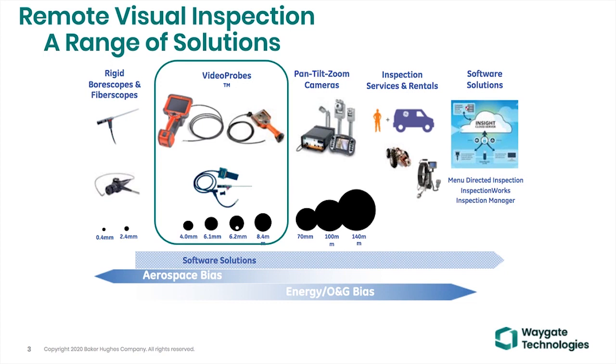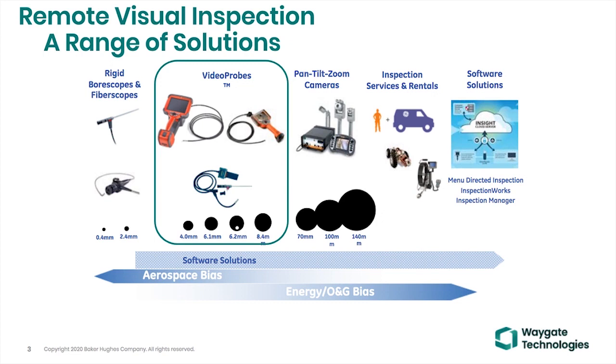But we also have tools that you can, say, from a manway, look inside of a vessel, or from the ground, look up at potential damage on a horizontal stabilizer on an aircraft that's 30 feet off the ground. And then we also have people that show up in a van and come on site with you and do the work with you or for you. And all of this is captured in the digital twin, and the software solutions are kept track of through a couple of different platforms that we have.